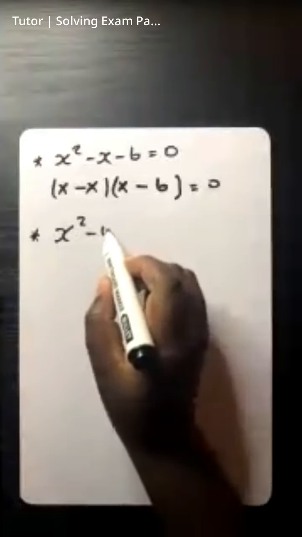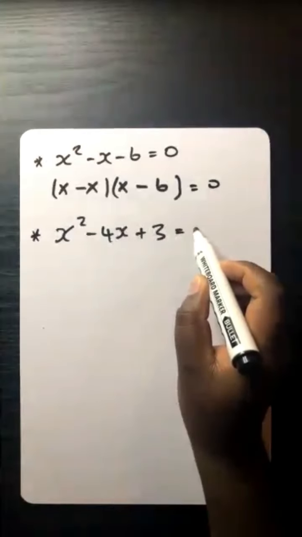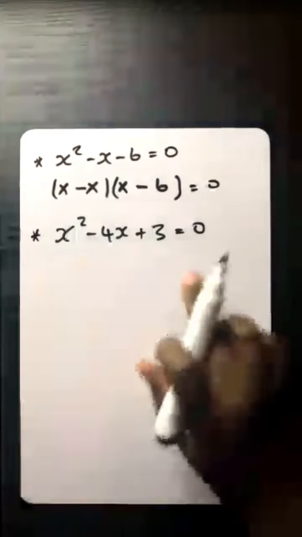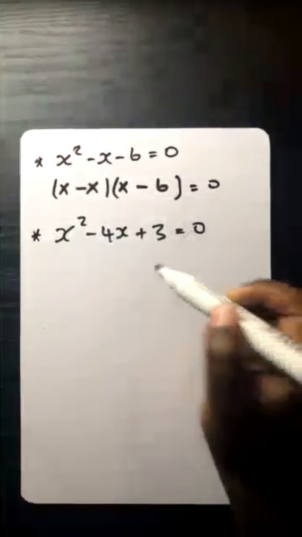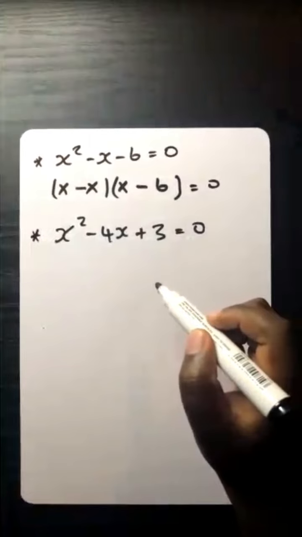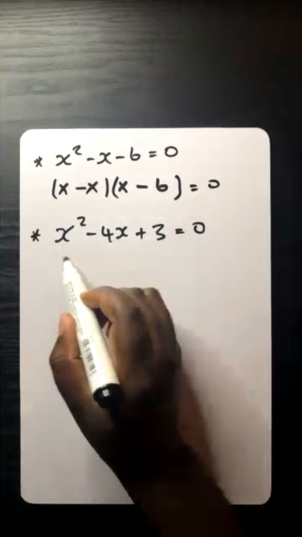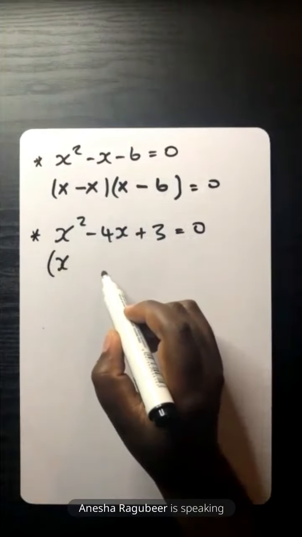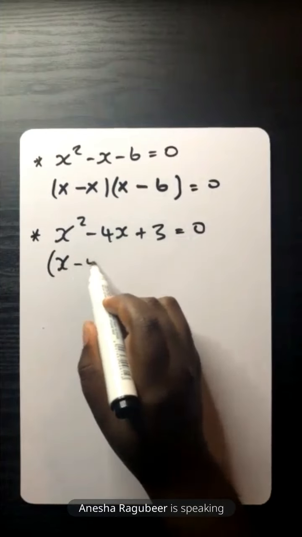Again, let's say you are given x squared minus 4x plus 3 equals 0, and they say factorize that. So guide me, Shreyas. Give it a try. Okay, in brackets I'll put my x, minus 4.